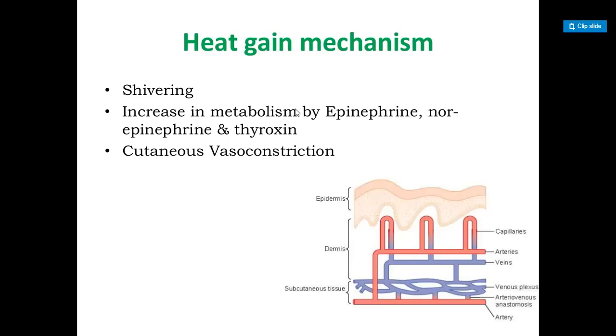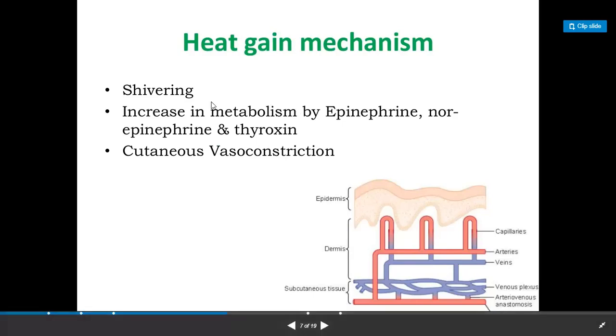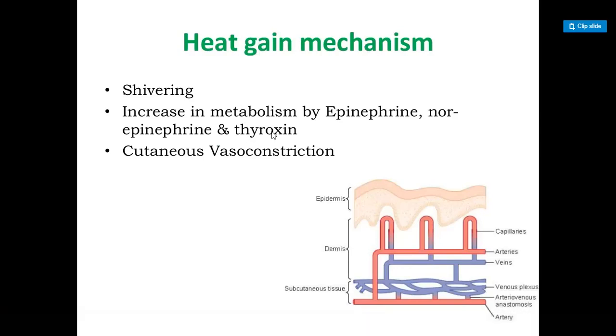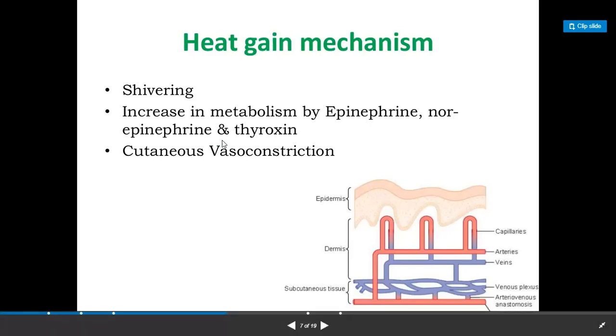I told you under negative feedback that thyroxine helps to increase body metabolism, T3 and T4, thyroxine and triiodothyronine from the thyroid gland. So they control temperature. The three main hormones that you should remember that regulate temperature are epinephrine, norepinephrine, and thyroxine.